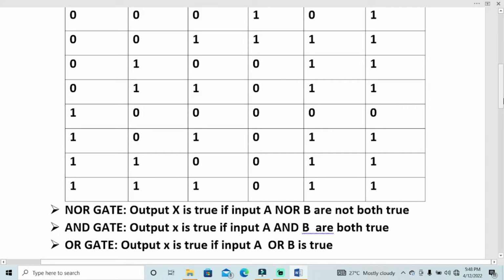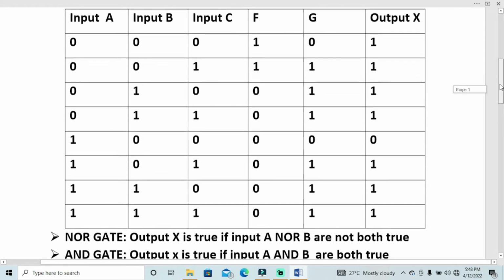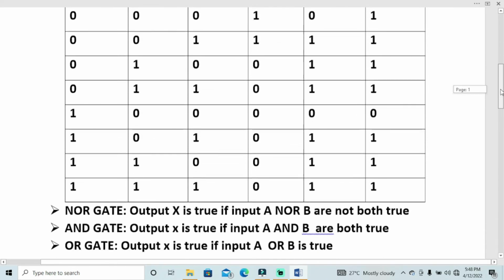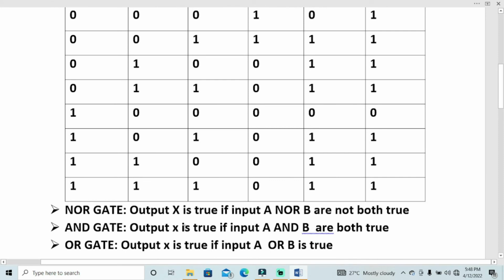As I have said, if you don't understand, please kindly watch the logic gates video. The link will be in the description. It will help you understand more clearly what we mean when we say output X can only be true if A and B are both ones.